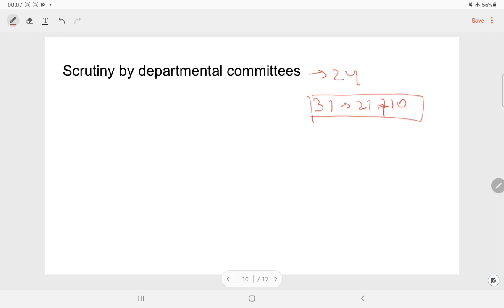After the general discussion, the house is adjourned for about 3 to 4 weeks, and during this gap, the 24 departmental standing committees, in short known as DPSC, do their work. For example, there is the departmental committee on IT and the departmental committee on human resources.